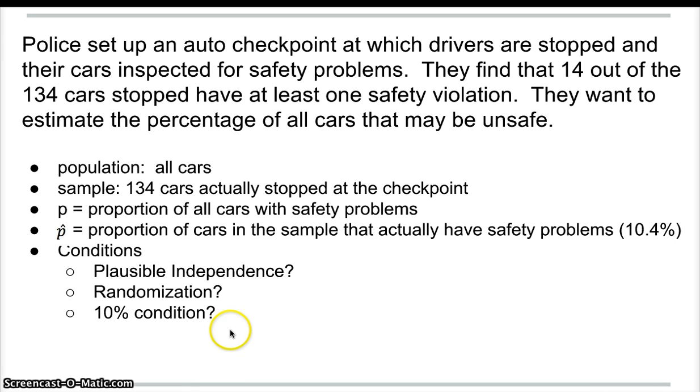And for success/failure, when you multiply np, you get 14, and when you do n times q, you get 120. Both are greater than 10, so that's a good sample size. It's large enough. A 1-proportion z-interval can be created for the proportion of all the cars in the area with safety problems. So those conditions we can say have been met for that one.